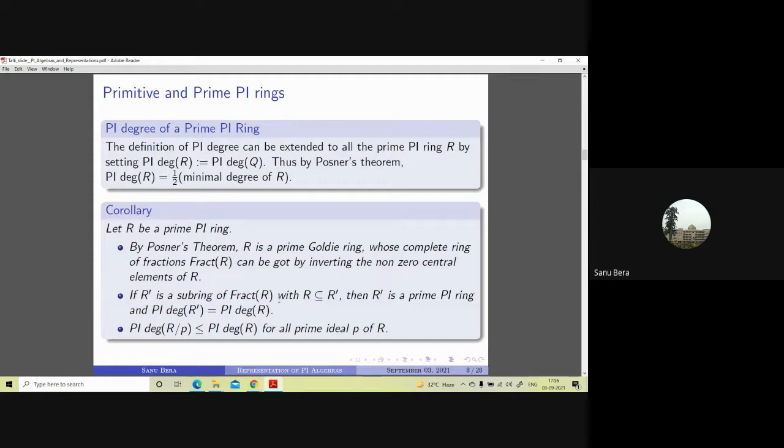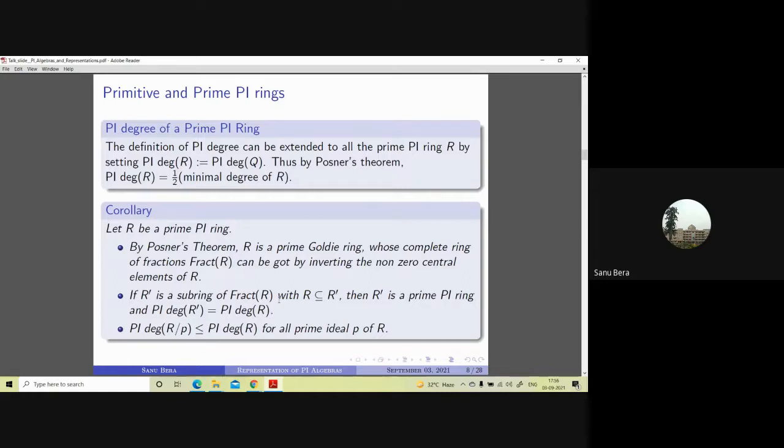But there is some necessary and sufficient condition, called Goldie's theorem, which gives us that a prime PI ring is itself a Goldie ring, and of course a prime Goldie ring, whose complete ring of fractions is just localization with respect to all regular elements, and that coincides with Q because it is a Goldie ring.